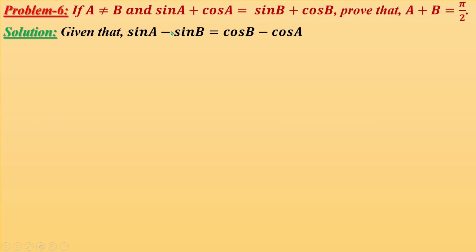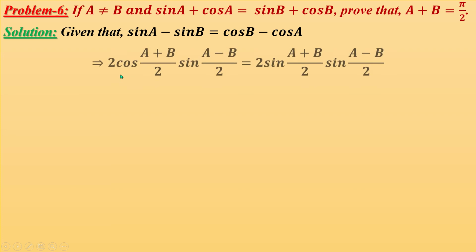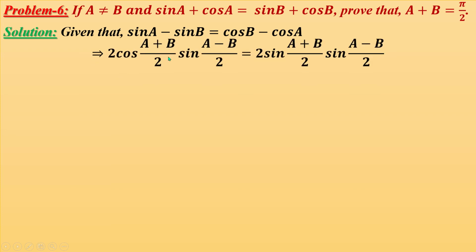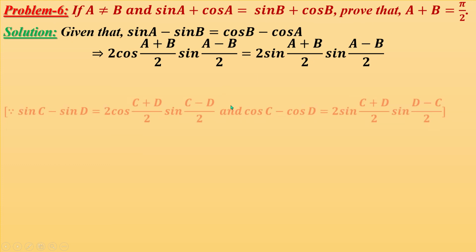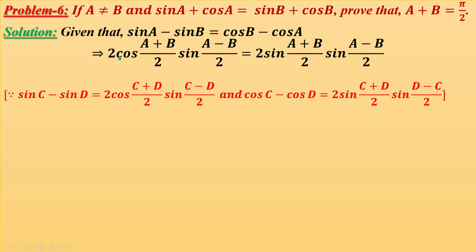Now this makes a formula, sin c minus sin d. Sin c minus sin d equals what? 2 cos (c plus d) by 2, that means (a plus b) by 2, into sin (a minus b) by 2. And cos c minus cos d, that means cos b minus cos a, equals 2 sin (a plus b) by 2 into sin (a minus b) by 2, that means (d minus c) by 2. We know this formula, so it is used here.